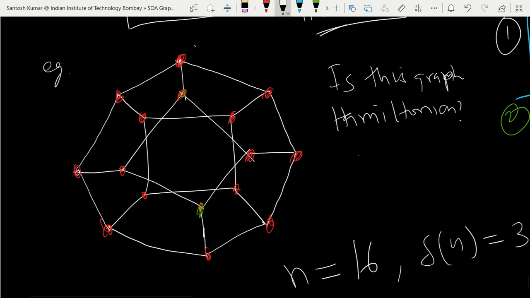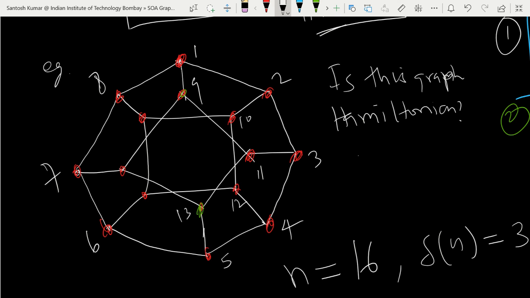So let's label the vertices: 1, 2, 3, 4, 5, 6, 7, 8, 9, 10, 11, 12, 13, 14, 15, 16.